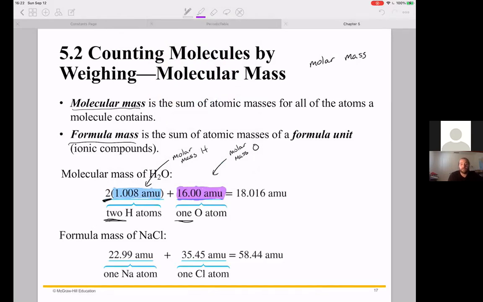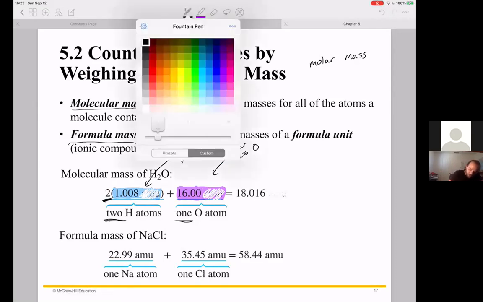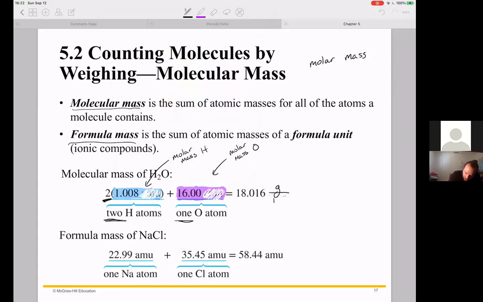They're talking about it in AMU, so that's what it would be if it was just one molecule of water. But of course, we know that quantity on the periodic table also corresponds to the molar mass. So we can change those units to grams per mole, and that would be this 18.016. That'd be how I would convert from moles of water to grams of water, or vice versa.